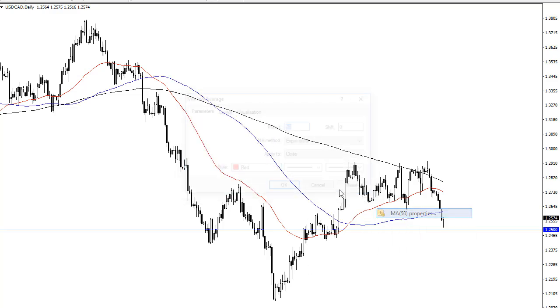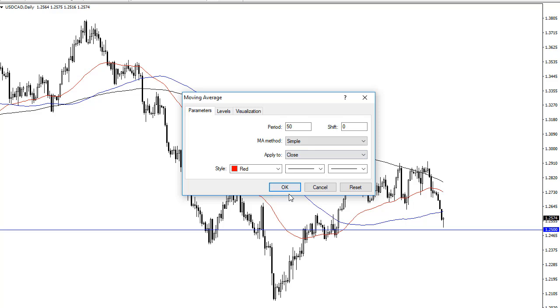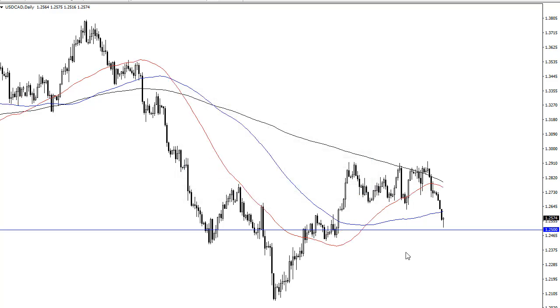Let me go ahead and fix this because that is exponential. I want them all the same. Okay. You can see that 100 has a little bit of a reactive effect as well. So the way to look at this is quarter, 6-month, yearly. And that gives you an idea of how things are going.